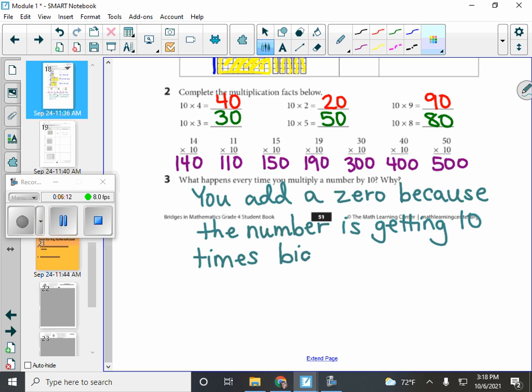And of course, our whole number system is based on the number 10. So if a number is getting 10 times bigger, everything shifts one spot to the left, and a 0 gets put in at the end.